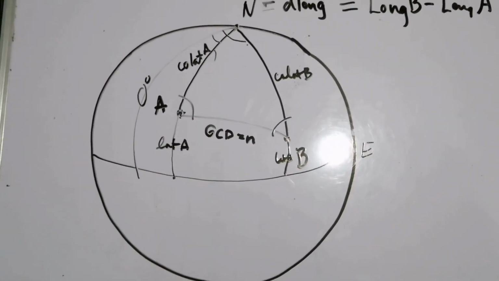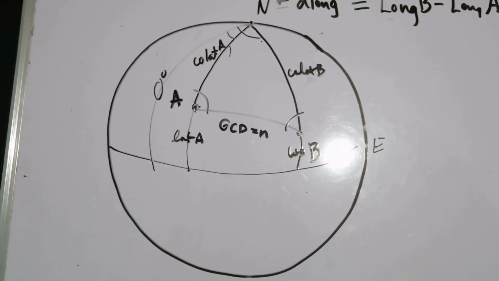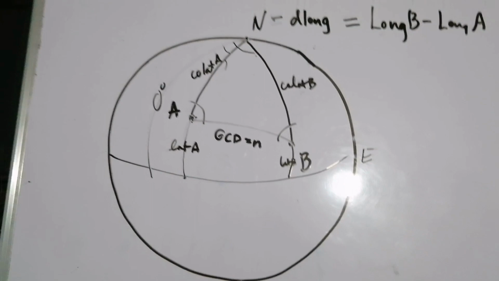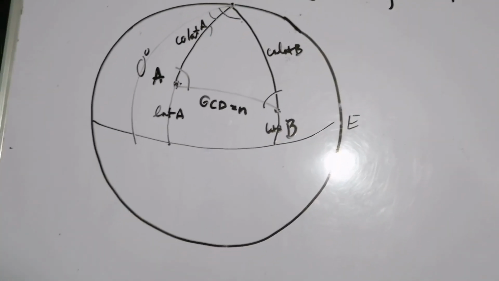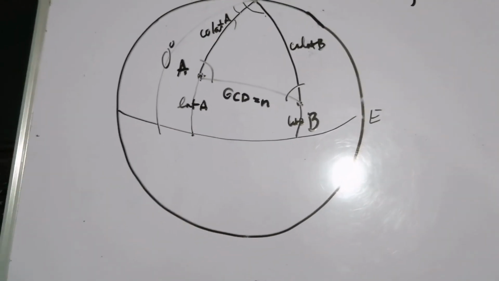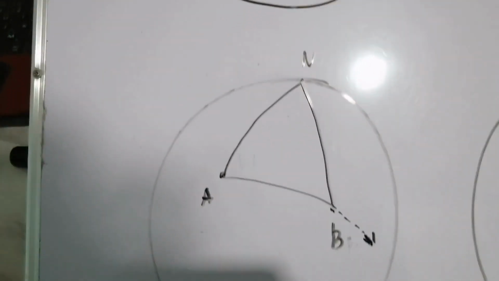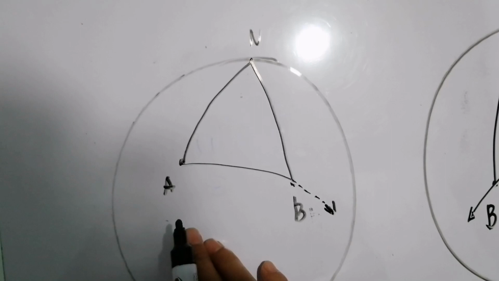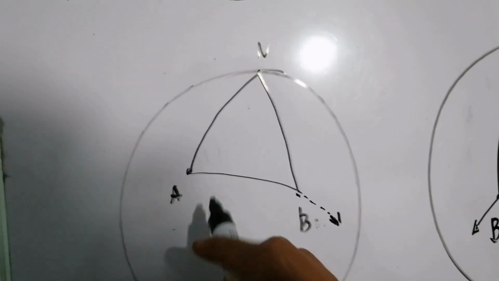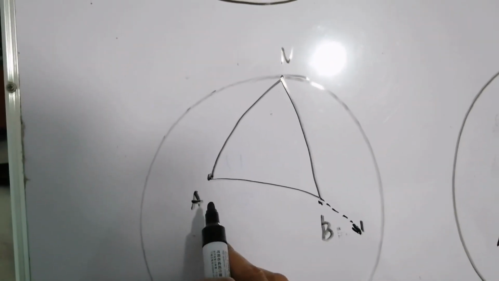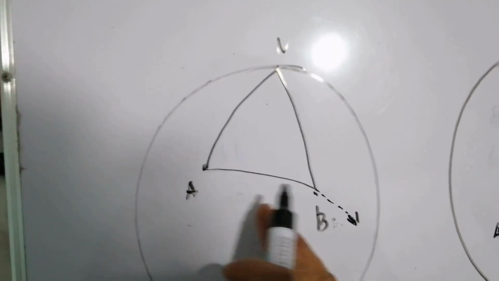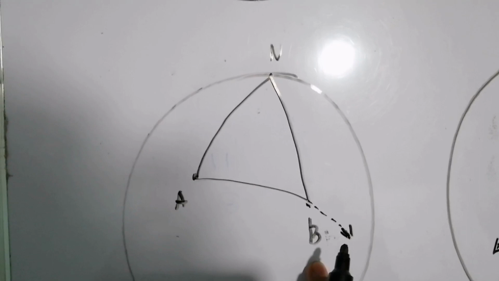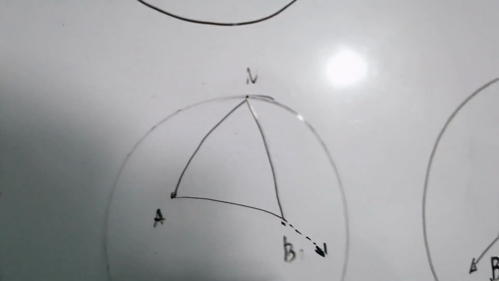There are a few possibilities in getting the initial and the final true course of our problems. There are actually 4 possibilities. The first possibility is when your point A and point B, or rather your initial position, is to the left, and your final position is to the right, and the pole that we are to consider is the north pole.